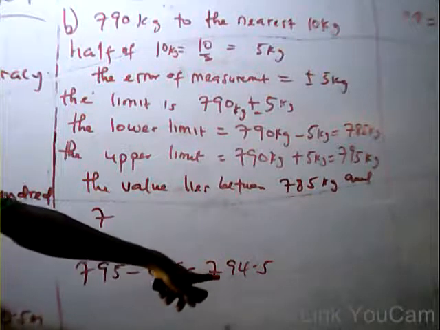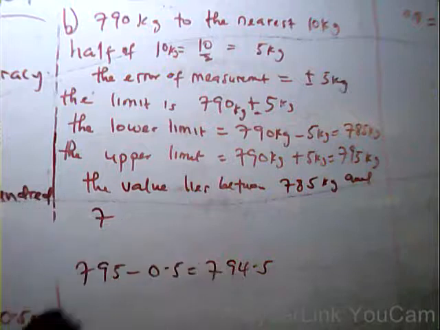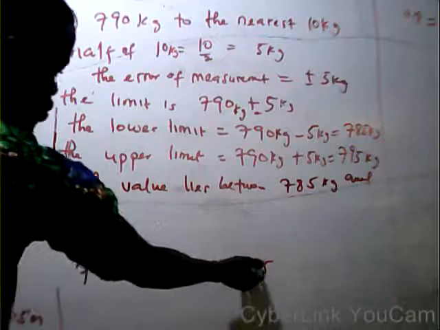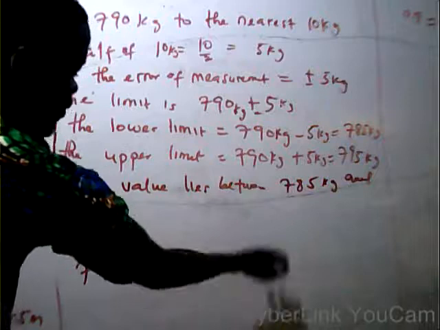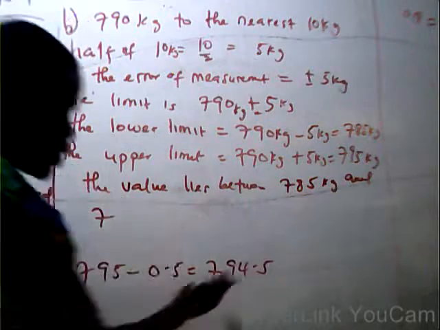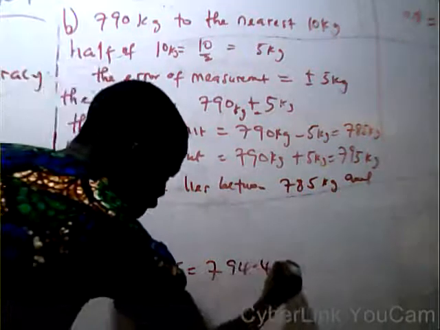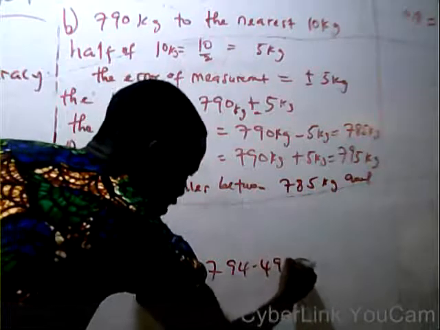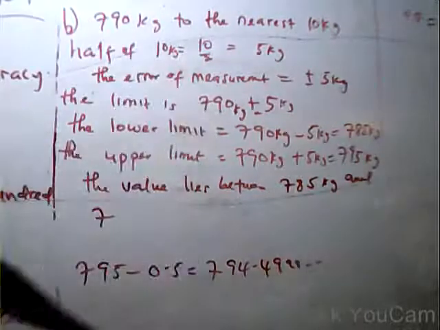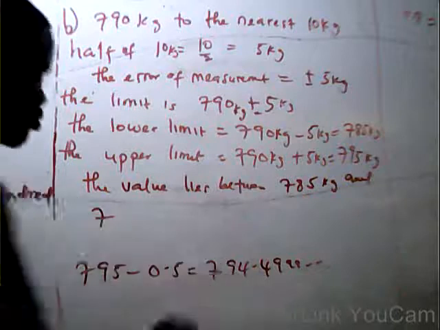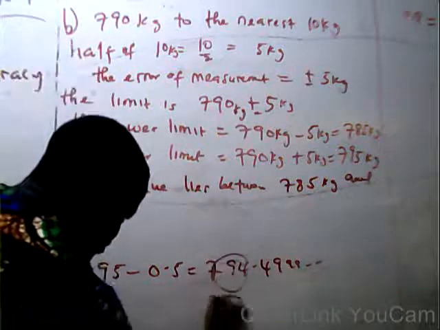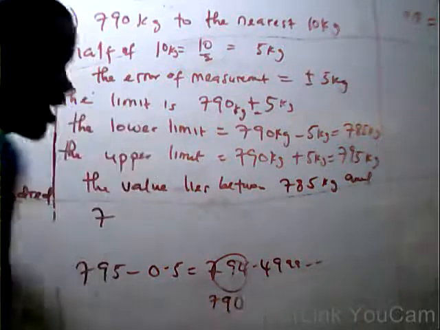When you have 794.49999 and so on, to the nearest 10, the value should be 790. Are you getting that?